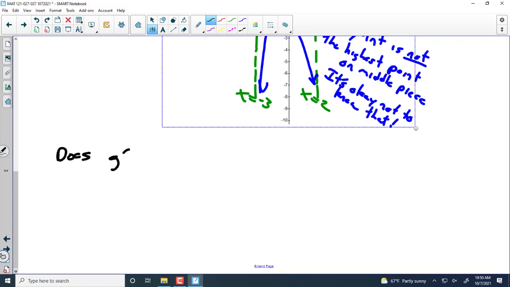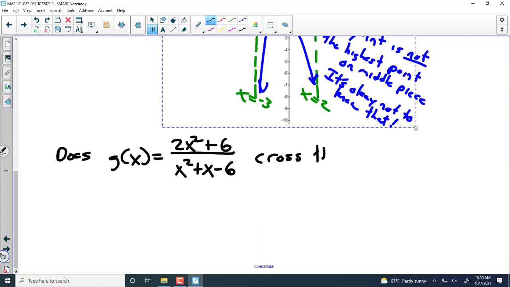Does g of x equal 2x squared plus 6 over x squared plus x minus 6 cross the horizontal asymptote at y equals 2? That's the question. Now, this is not something we do a whole lot of in this class, but this is an interesting thing to observe, and part of this is not just showing you the easy way out, but showing you what's actually happening.